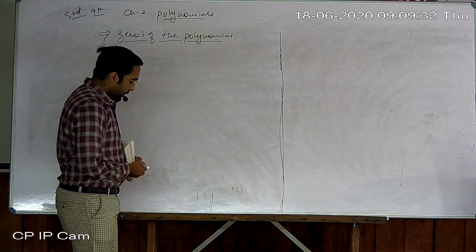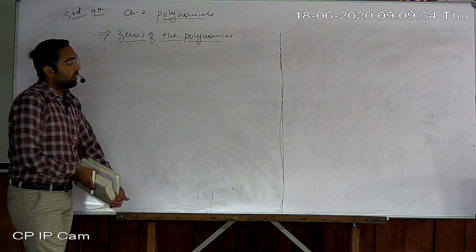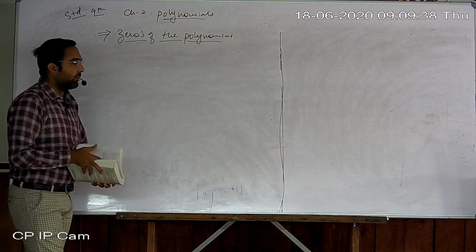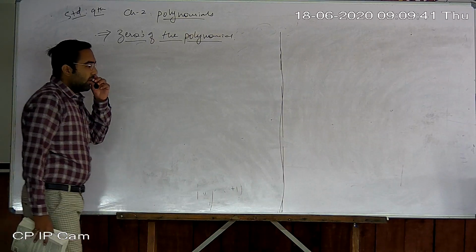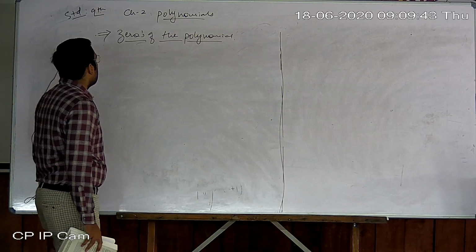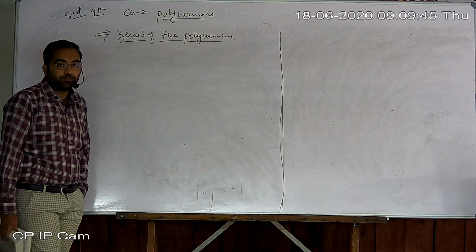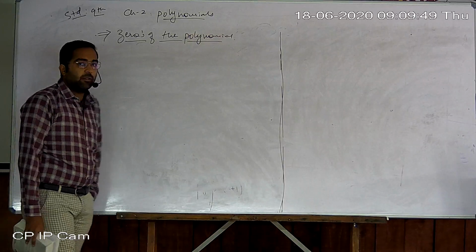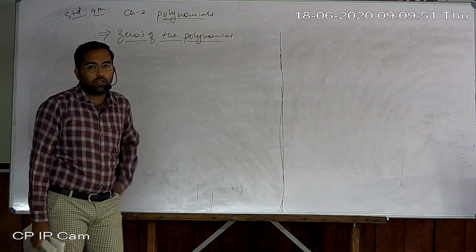In the zeros of the polynomial we already learned about the linear equation, quadratic equation and cubic polynomial. After that we learned about the middle term factorization method and remainder theorem and factor theorem.